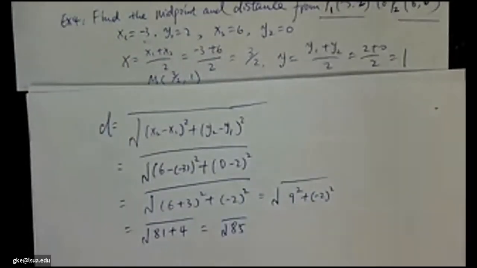Because 85 is 17 times 5, we couldn't simplify it. Okay, that's the second example.